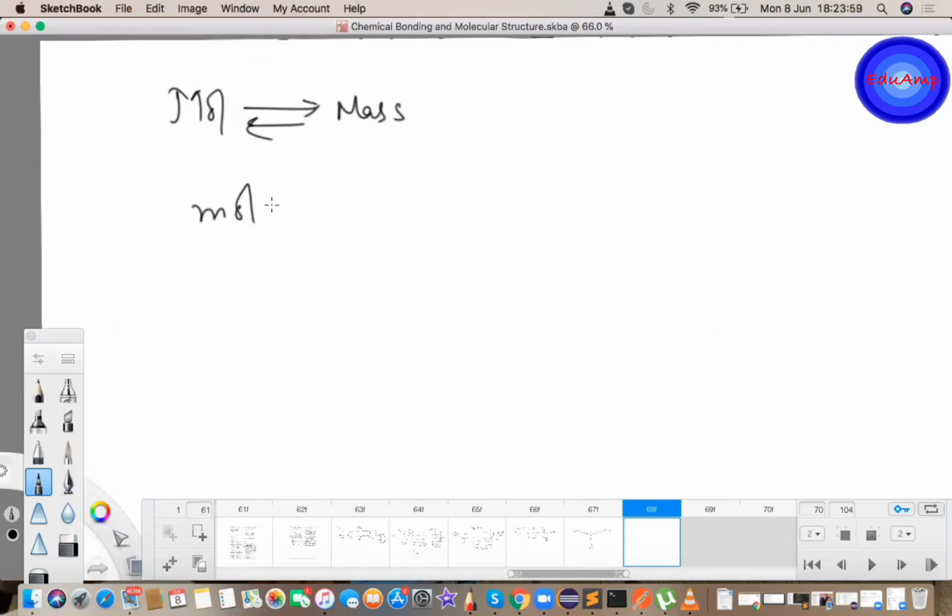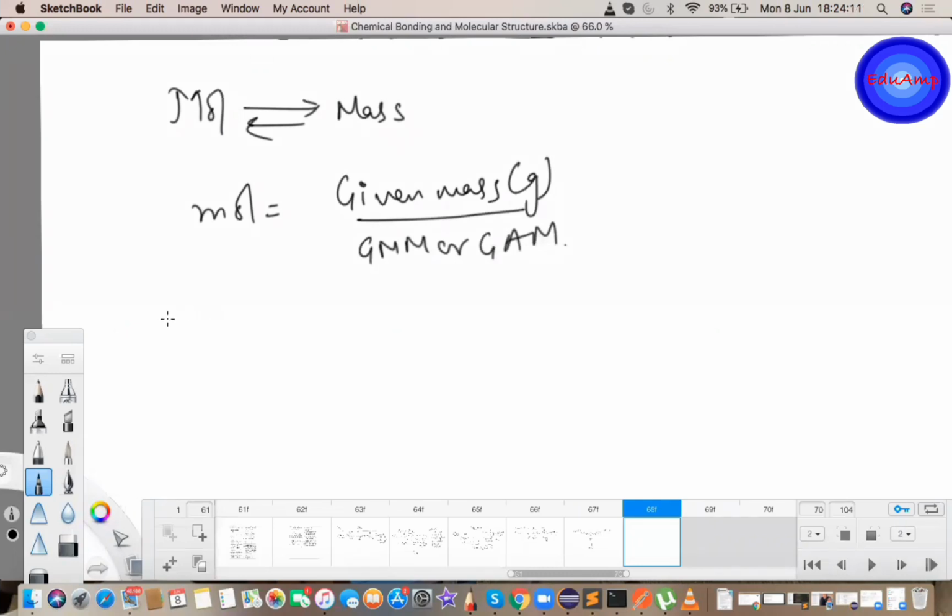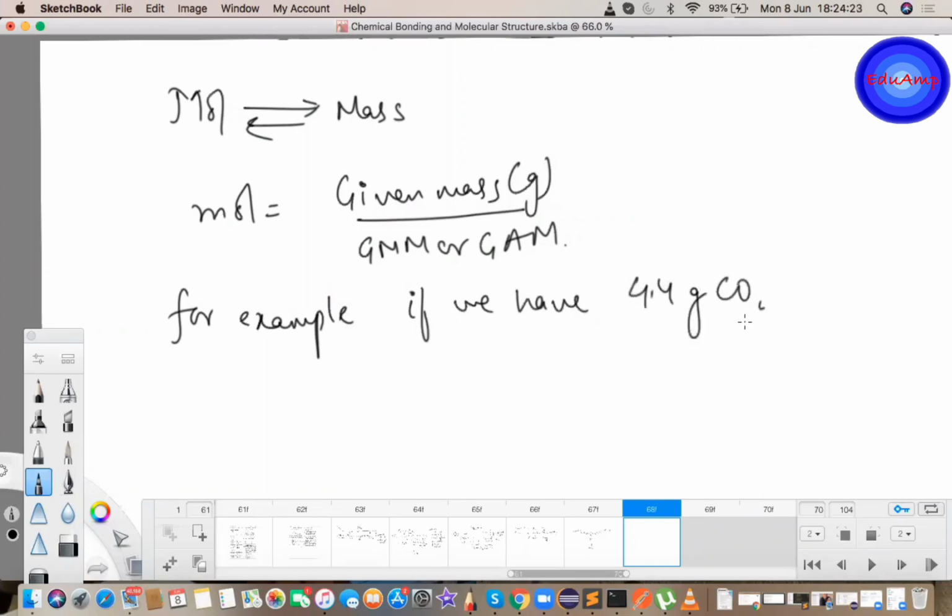Mole is equal to given mass, which should always be in grams, upon gram molecular mass or gram atomic mass. For example, if we have 4.4 gram of CO2, then what will be the moles?